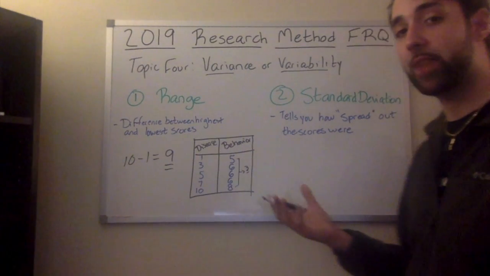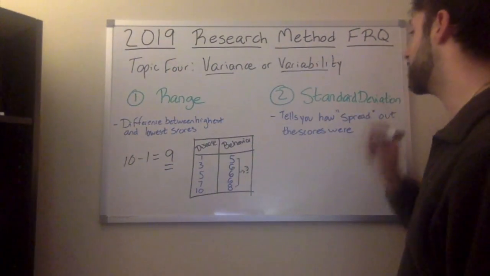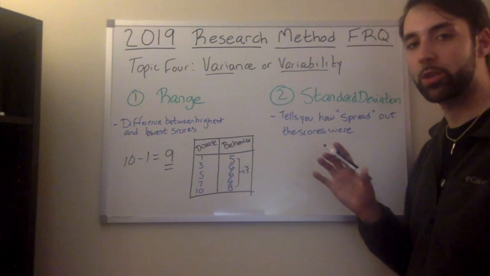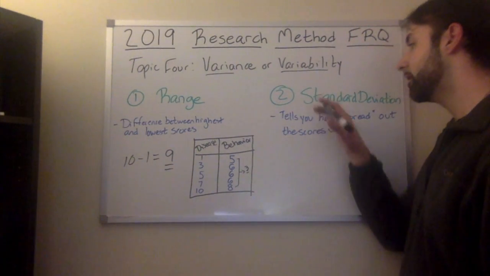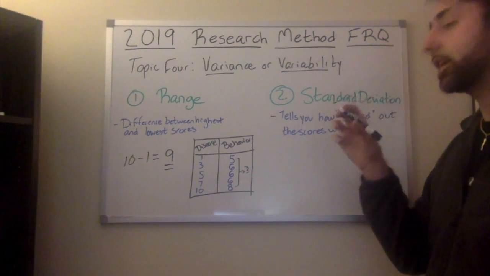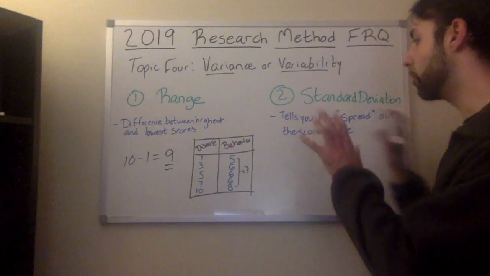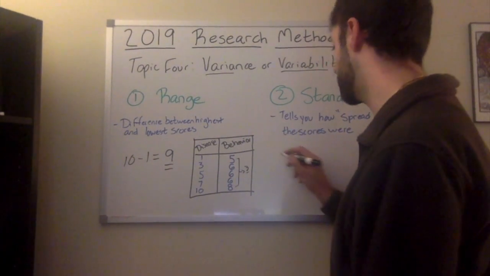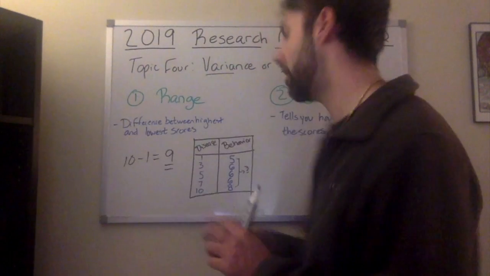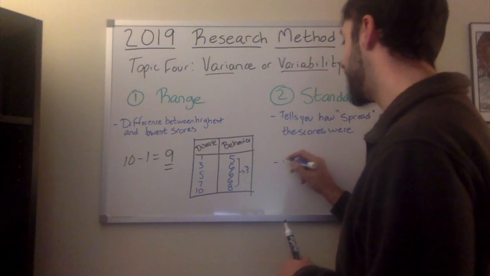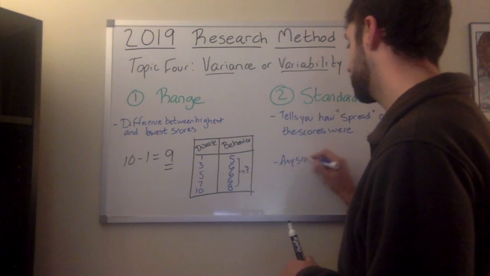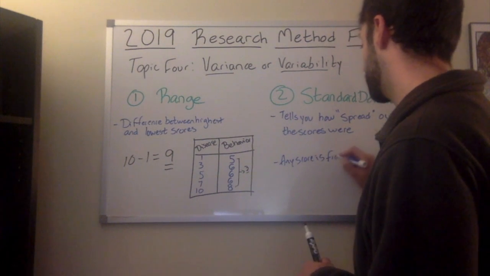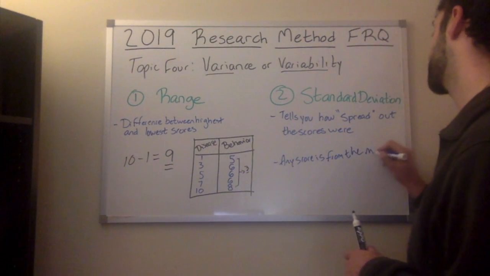Another way of describing variance, though, is to use standard deviation. This is a more challenging one to use, but it's not too bad. Standard deviation is a measurement. It's a single number that tells you how spread out the scores are, or approximately how close or how far any score is from the mean.